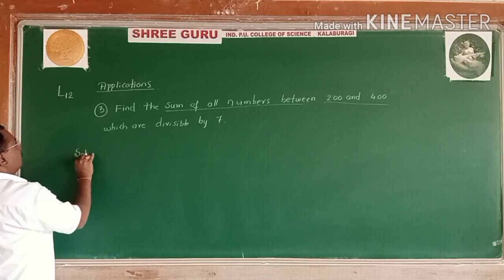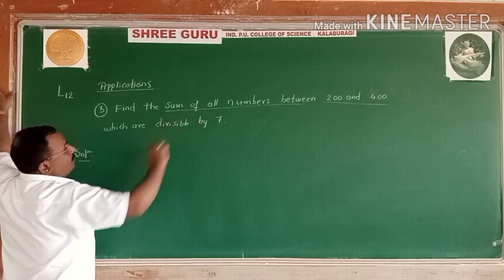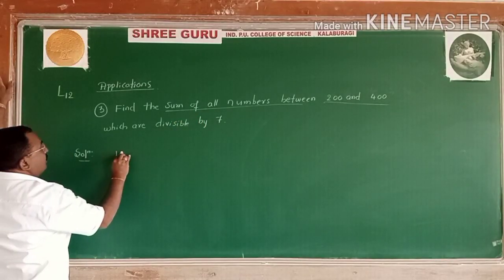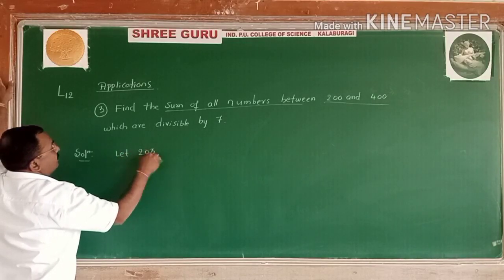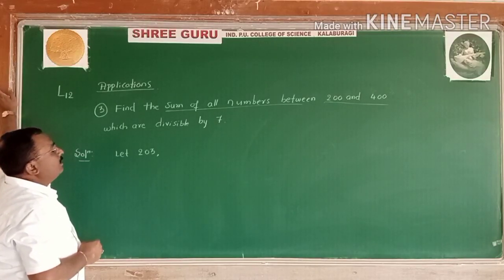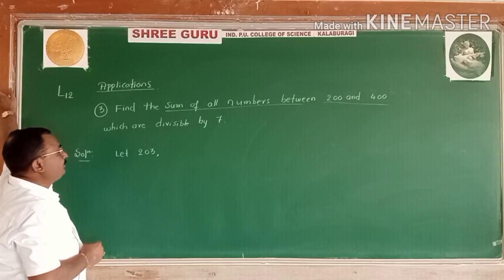Solution. Divisible by 7, between 200 and 400. The first number is 203. Let 203 be the first number, divisible by 7. 201 is not divisible.